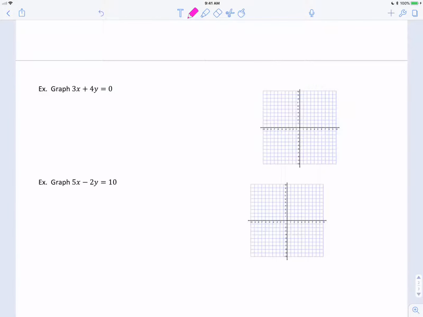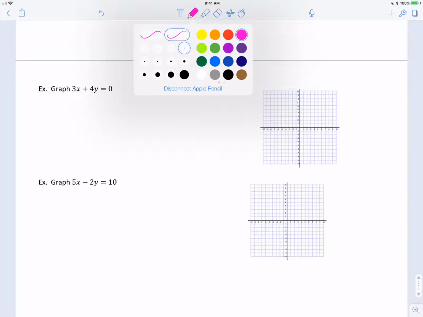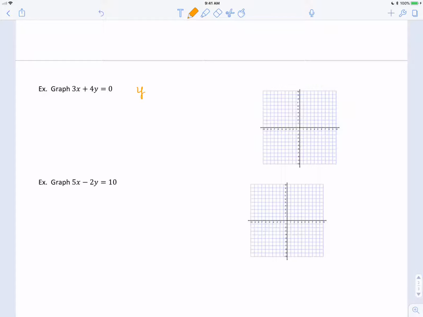All right, so now we're going to graph 3x plus 4y is equal to 0. So what's wrong with this one? Well, it's not in y equals mx plus b format, so we've got to solve this equation. It's got to be in y equals mx plus b in order to graph with the slope and the y-intercept. So we've got 3x plus 4y is equal to 0.